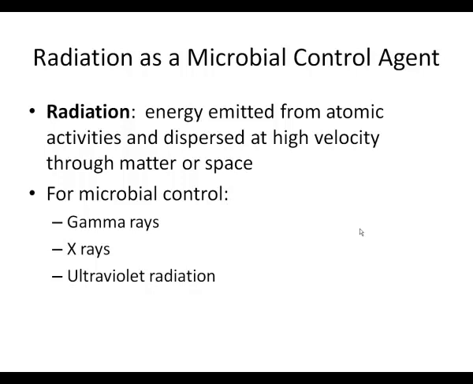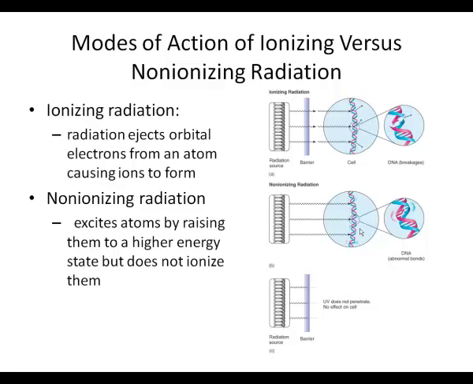And when they go through this matter, they are going to break it. For instance, they can go straight through a DNA molecule, break that molecule, and now the cell is going to die. There are 3 types of radiation: gamma rays, X-rays, and ultraviolet radiation.